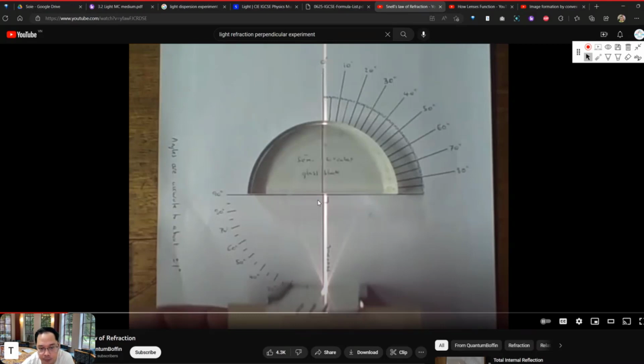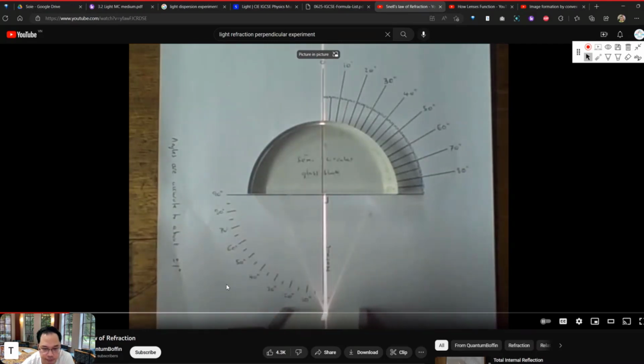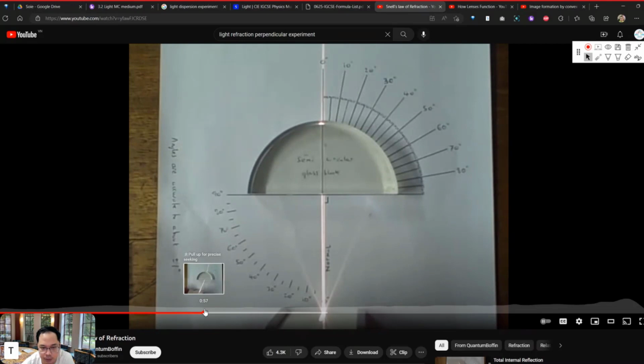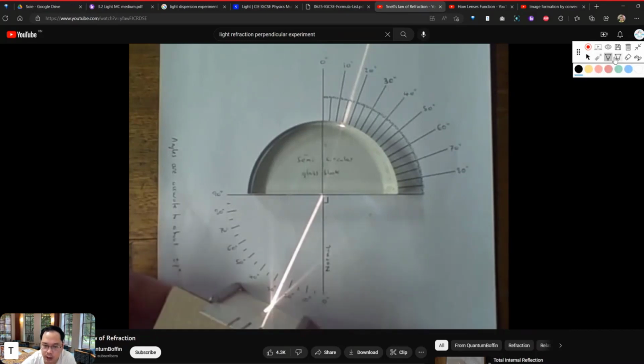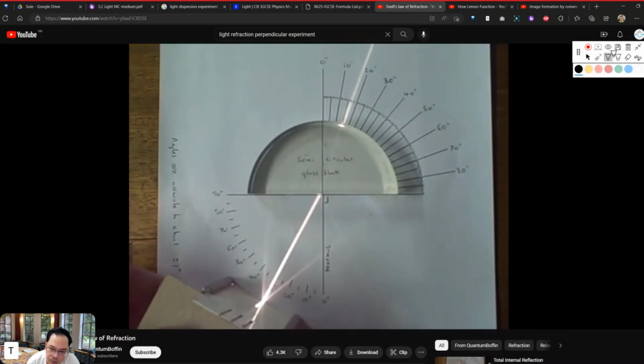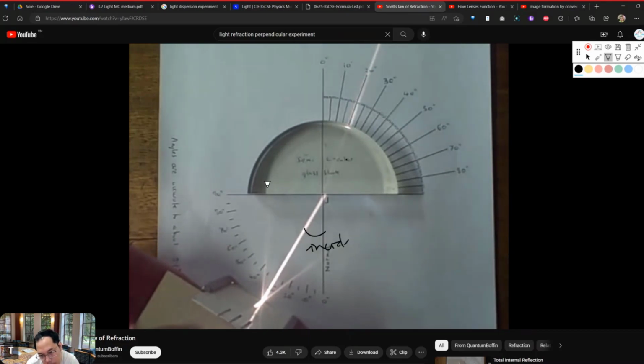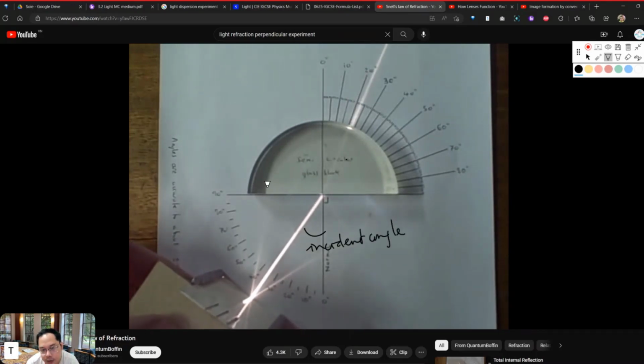About the explanation of refraction, I don't remember that I told you about it, but okay, I can repeat it. Here, when the light ray goes to the surface at a certain angle, the angle between the incident ray and the normal line is called the incident angle, and this is the refracted angle.